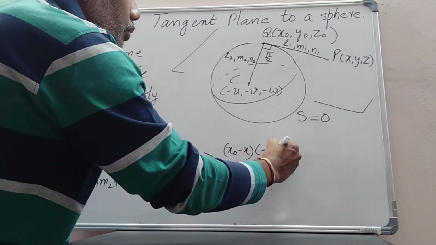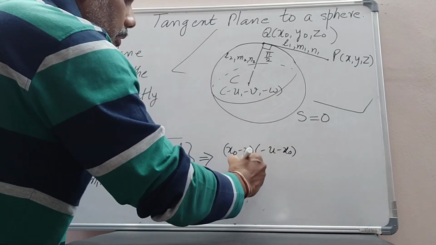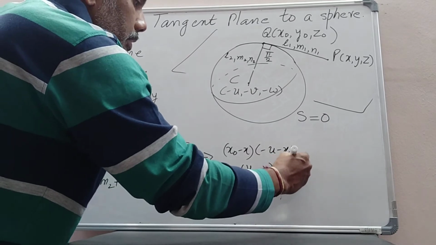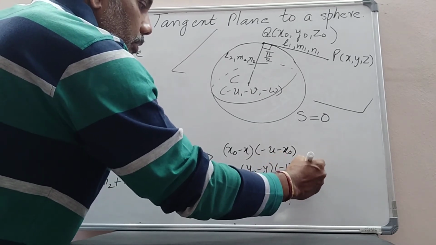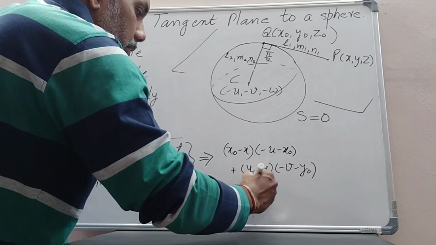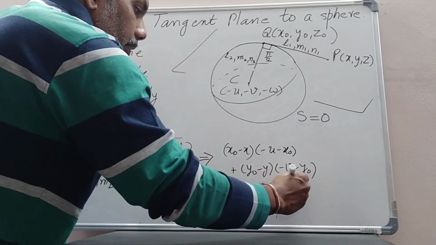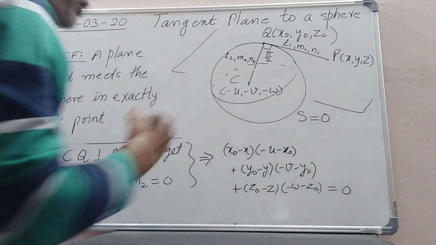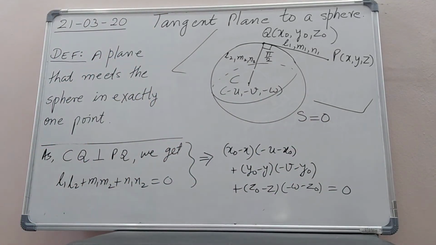So we get minus u minus x naught plus y naught minus y minus v minus y naught plus z naught minus z minus w minus z naught, and this should be equal to 0.